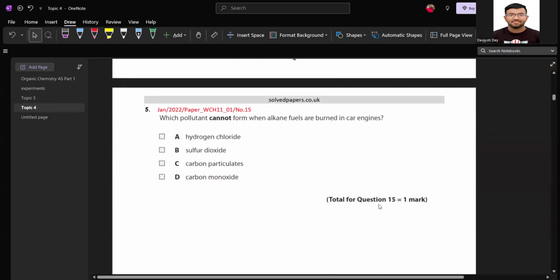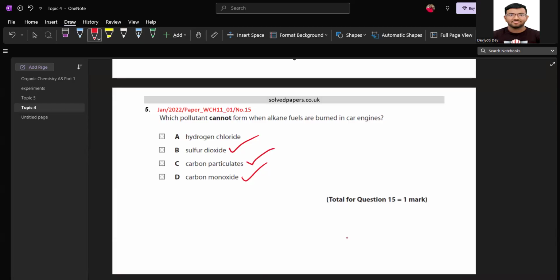Which pollutant cannot form when alkanes are burned in car engines? First of all, if we check out these options, obviously sulfur dioxide is produced and carbon monoxide is produced. This leaves us carbon particulates and hydrogen chloride. Carbon particulates are basically dust of carbon, so if carbon monoxide is produced, then particulates are also produced.